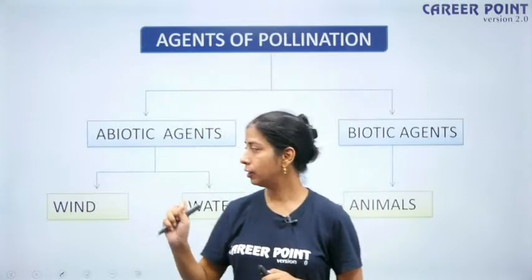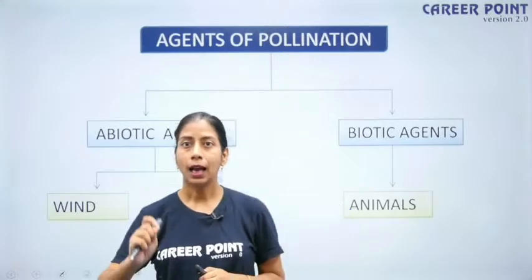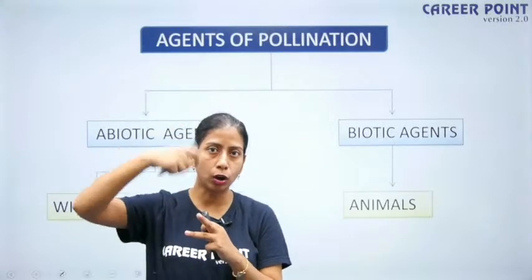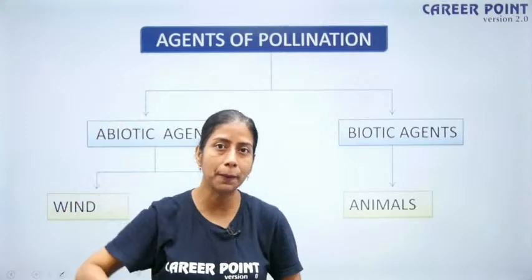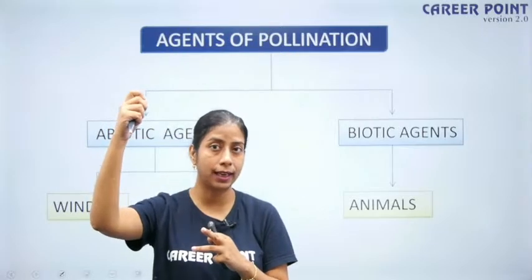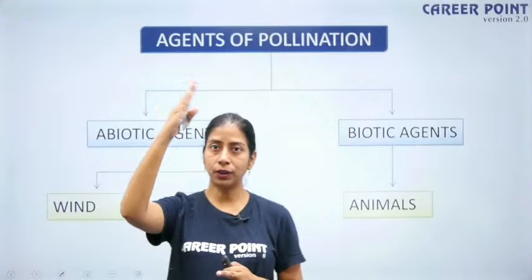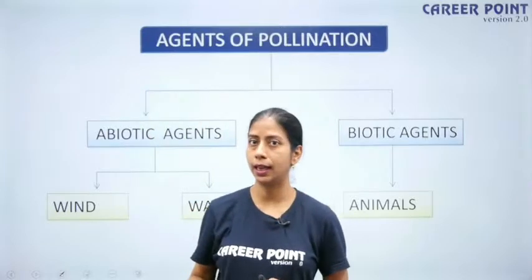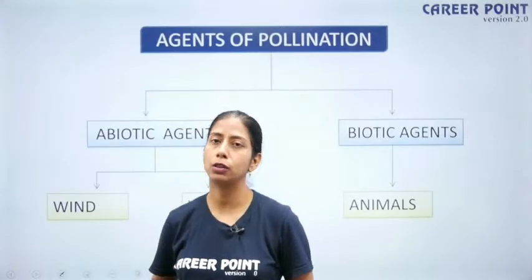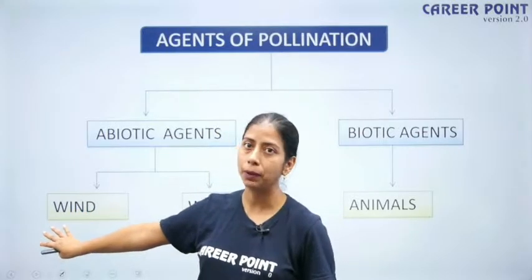Now here the wind is responsible for transferring of pollen grains. आपने मेज में देखा होगा बहुत लॉन्ग लॉन्ग फाइबर्स होते हैं, आपने देखा है? So उसमें वो जो लॉन्ग फाइबर्स हैं जो हम फेंक देते हैं खाने के वक्त, they are the stigma in the style. वो फटाफट से पोलन ग्रेन्स को लेते हैं and that helps in the process of fertilization. So wind is responsible in some cases.